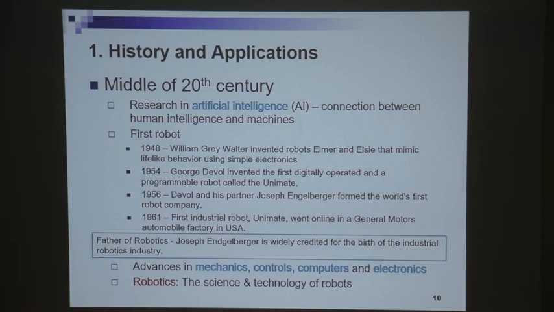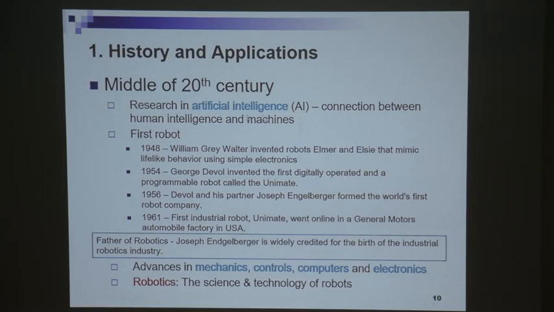So a bit about the history. When we look at the development of robotics, it's closely tied with artificial intelligence. In the middle of the 20th century, there was a lot of interest in artificial intelligence. When we talk about artificial intelligence, we're looking at the connection between human intelligence and machines.